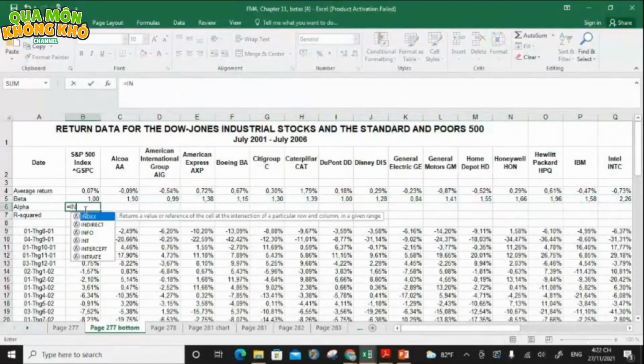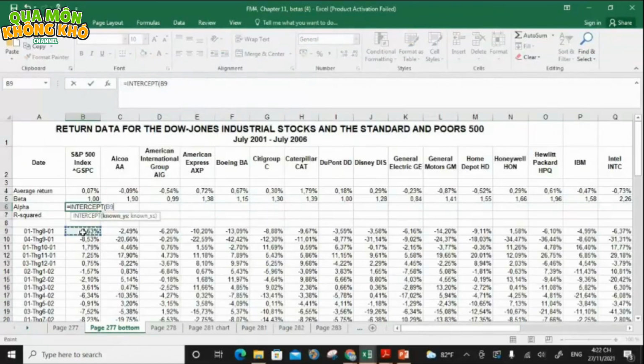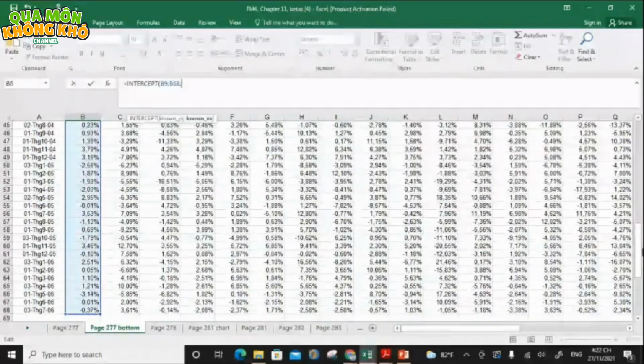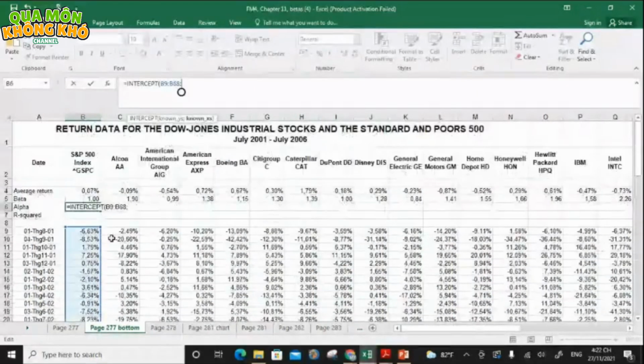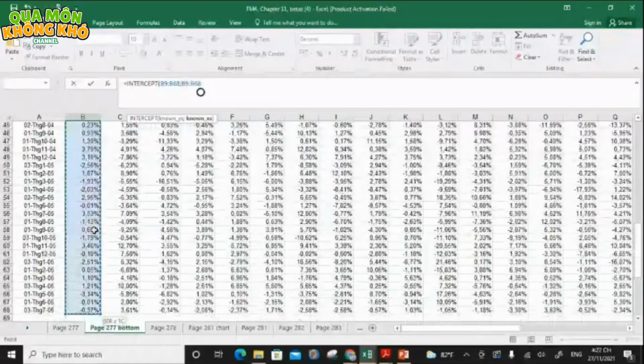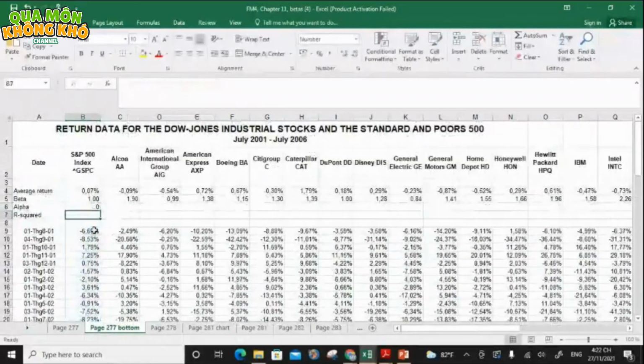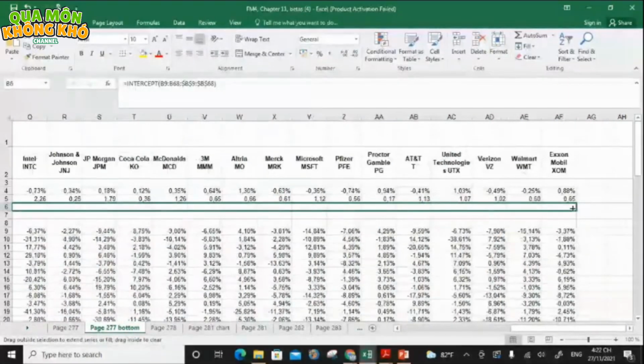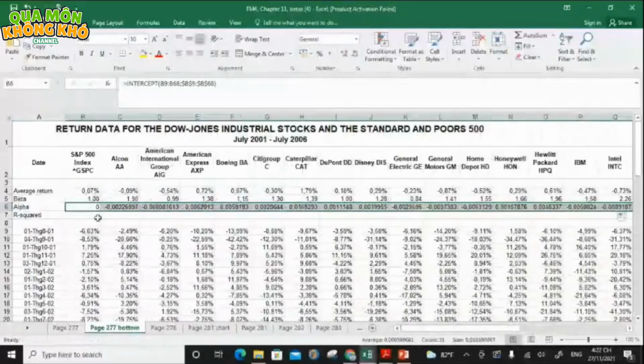I will use the intercept function. And I will have the alpha of the S&P 500 index equals 0. And simply apply it for the rest of the stocks.